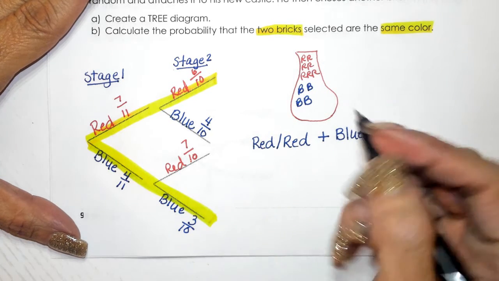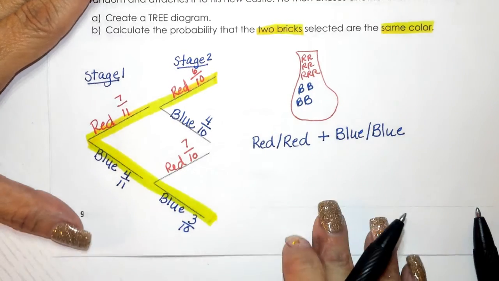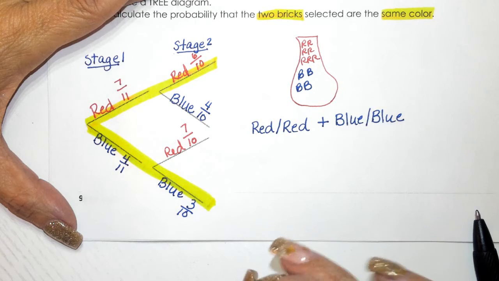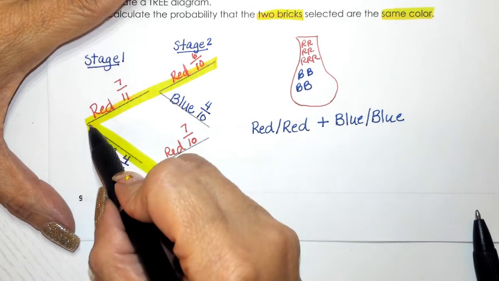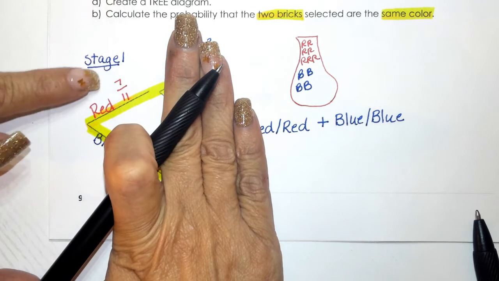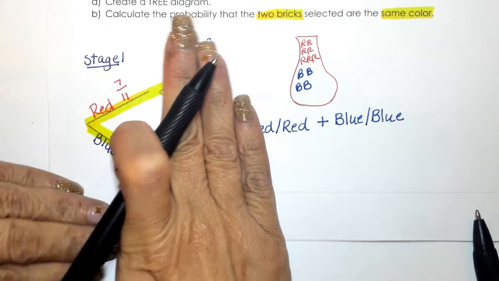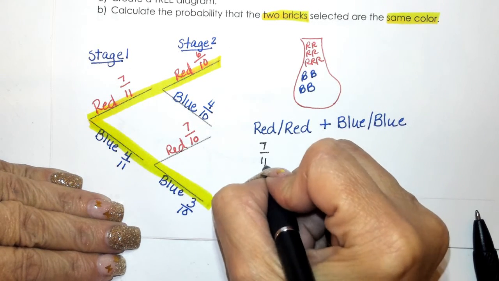I just want to rewrite this. As I look at this, well, let's just do the math, and then I'll come back and I'll do the vocabulary, because I want to write it as a probability. So the probability of red, the first time when I draw stage 1, there's 7 out of 11, right? Chances that it could be red. So I would say 7 out of 11.